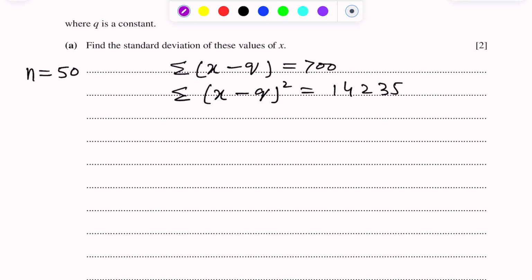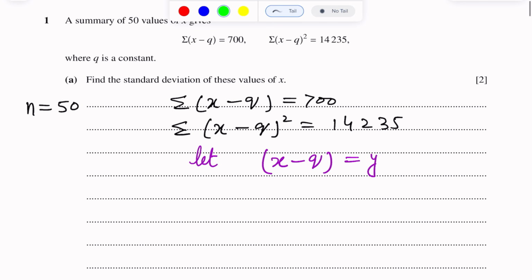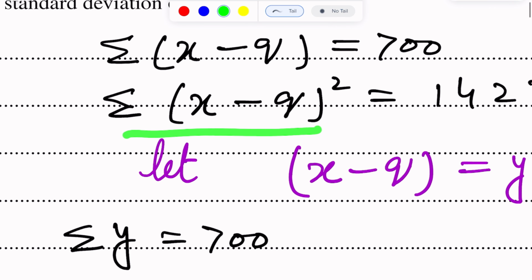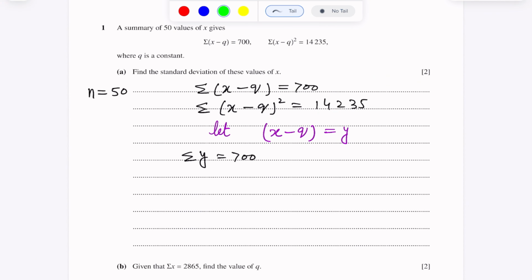Let x minus q is equal to y. Then the first equation will become summation y is equal to 700, and the second equation will become summation y square is equal to 14235.